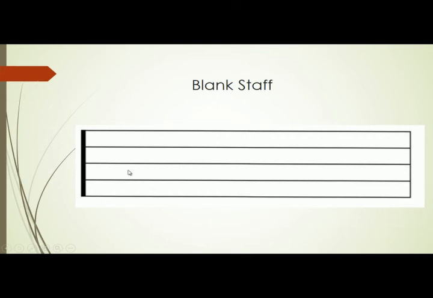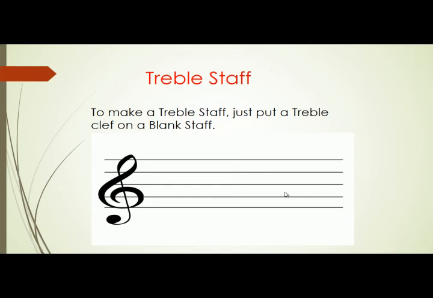If you put a treble clef on a blank staff, you make that staff a treble staff like this. As you can see, I have my 5 lines here, 1, 2, 3, 4, 5, and automatically I have 4 spaces, 1, 2, 3, and 4.